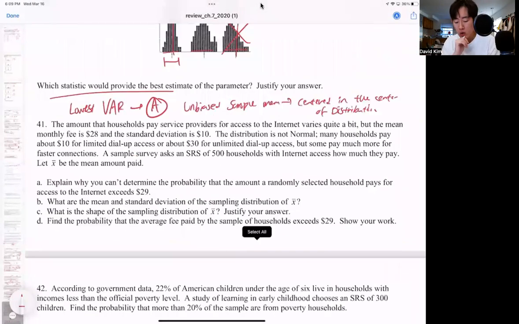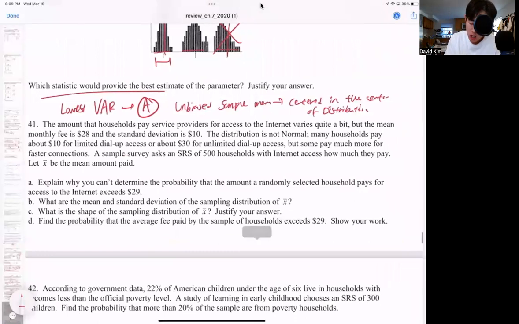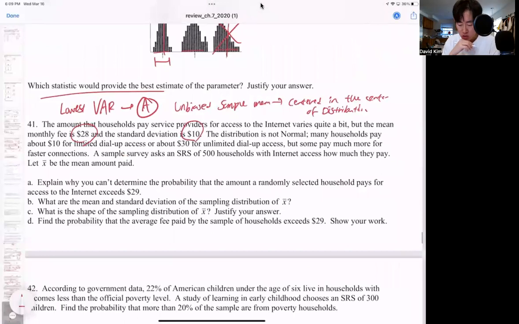41: the amount a household pays service providers for access to the internet varies quite a bit. So that is the mean, and that is a standard deviation. Many households pay about $10 for limited, $30 for unlimited. A sample survey takes an SRS of 500. Now, 41 asks you to explain why you can or cannot determine the probability that the amount a randomly selected household pays for access to the internet exceeds $29.